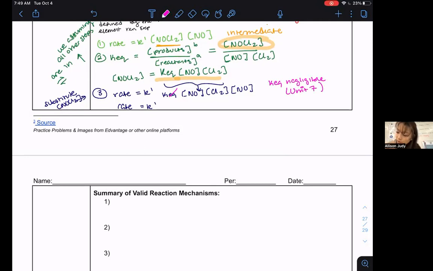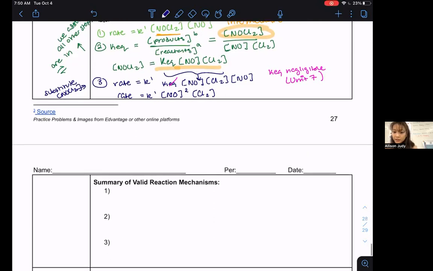Okay, so then we get that simplified, the rate for the RDS and thus the overall reaction is k prime times the concentration of NO squared, because we now have 2 NOs, one from our substitution and one from our original estimate of the rate law of the RDS, times the concentration of Cl2.